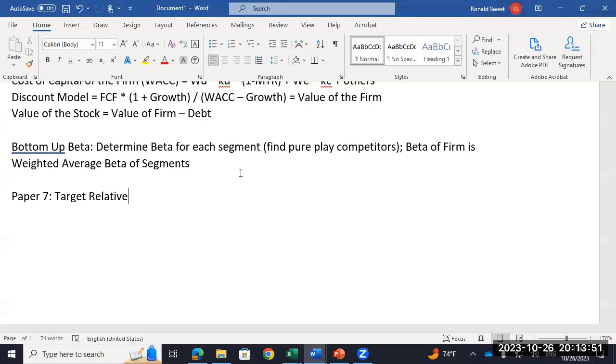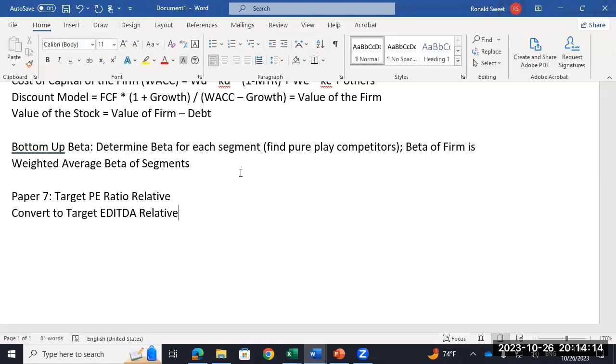How do you get from a target PE ratio relative to an EBITDA relative? EBITDA relatives are much, much lower than PE.